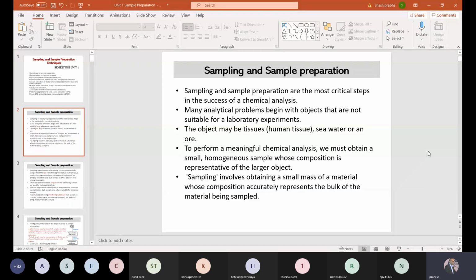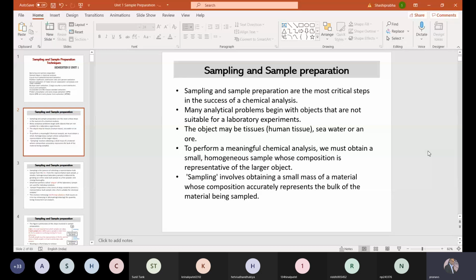It could be something like human biological fluids, which could be blood, it could be plasma, urine, it could be even tissues. So there are varied types of samples which we need to analyze, and for that we need to have a proper setup for sampling and sample preparation.